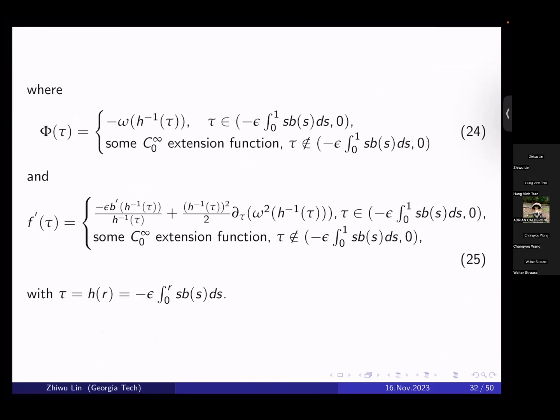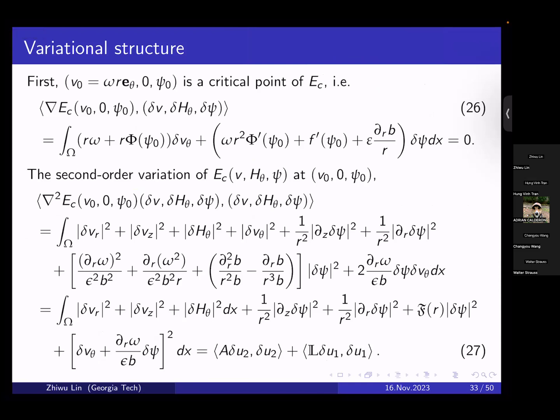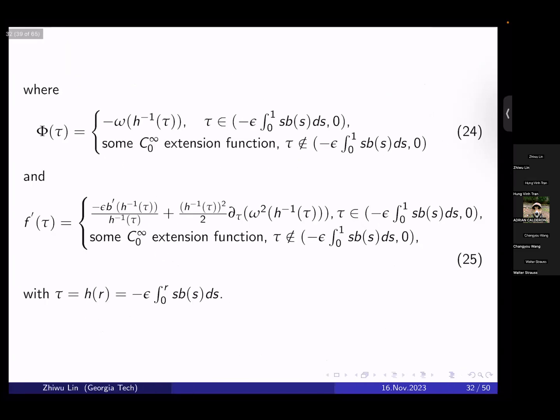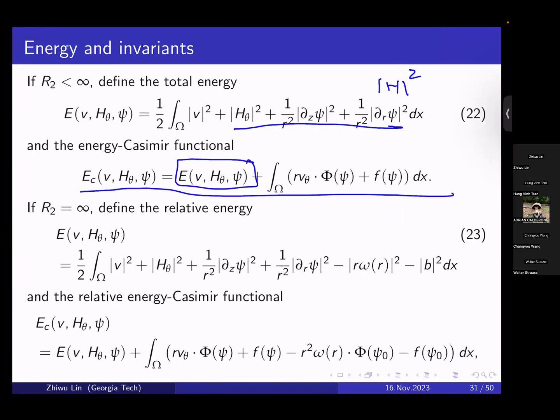Then you do the Taylor expansion of this energy-Casimir functional around the steady state. The first variation is equal to 0.